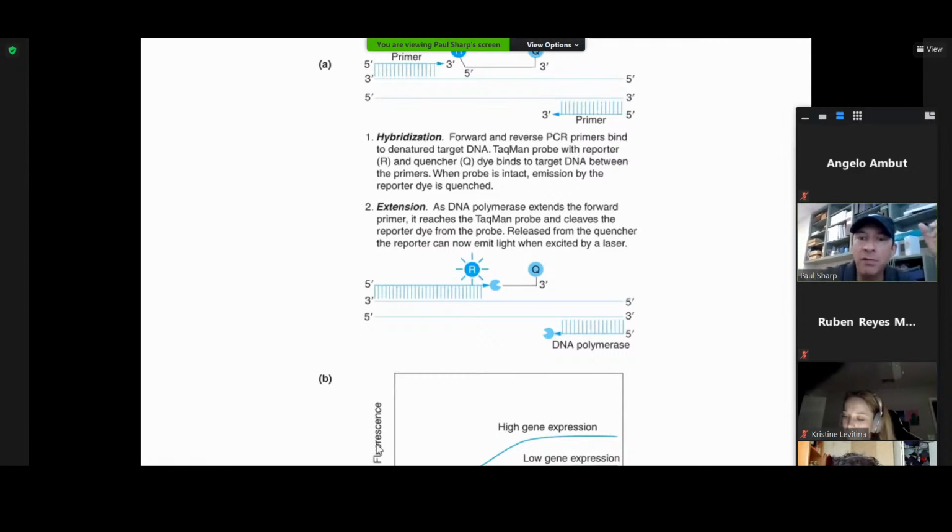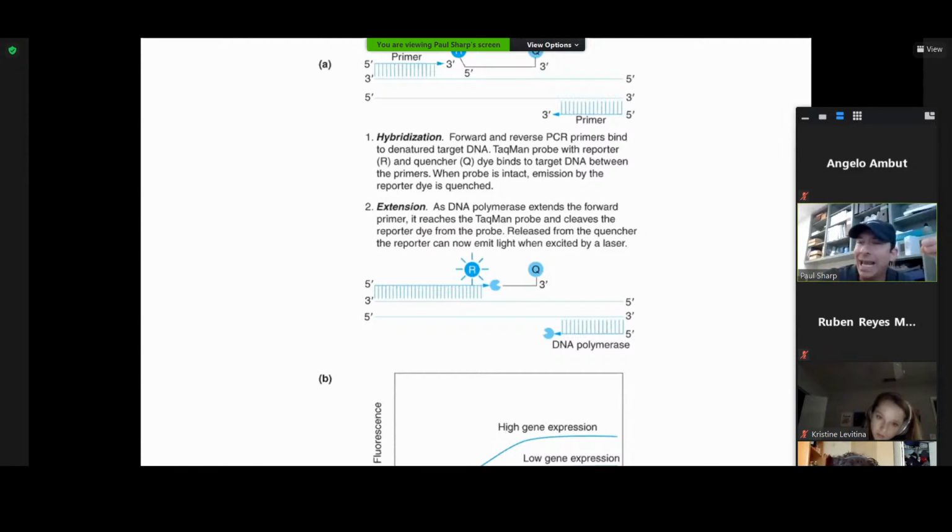On the other hand, for the tube that has low gene expression, what that tells us is that the amount of starting mRNAs for our gene of interest was dramatically lower. Maybe instead of having 1,000 mRNAs, like we saw for high gene expression, maybe there's only 50 mRNAs. So after the first cycle, you only have 100 PCR product.